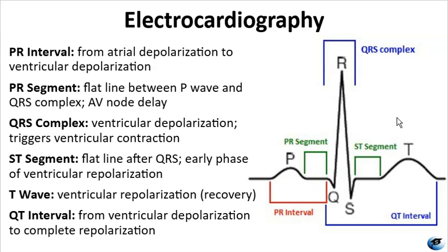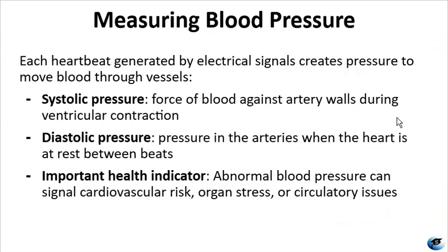So understanding what these intervals are and what the segments are helps you to interpret ECGs accurately and recognize normal versus abnormal heart functions. Blood pressure is a key vital sign that reflects how well your heart and blood vessels are working together to circulate blood. Each heartbeat, driven by the heart's electrical signals, generates pressure that pushes blood through your arteries.